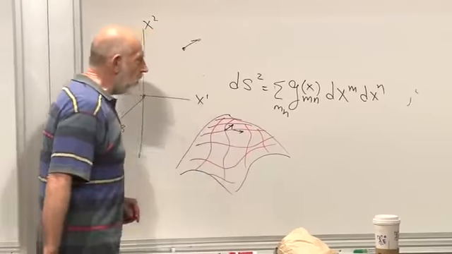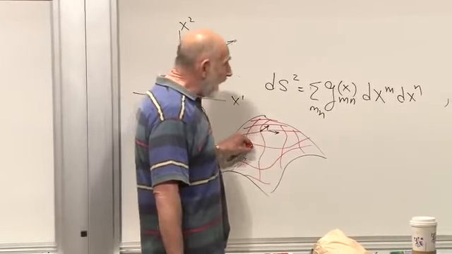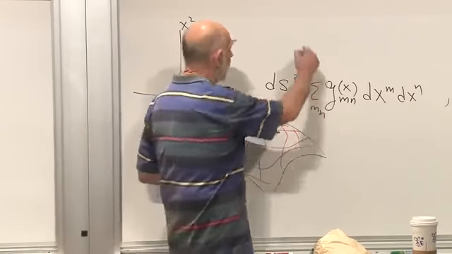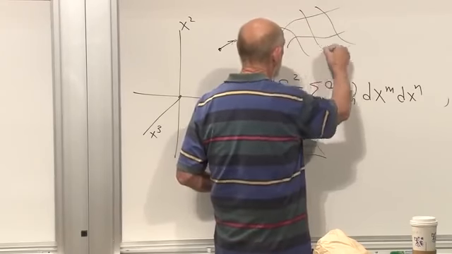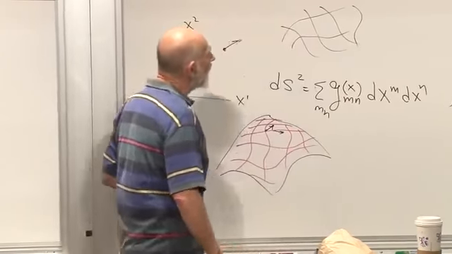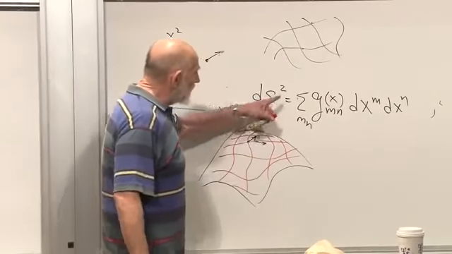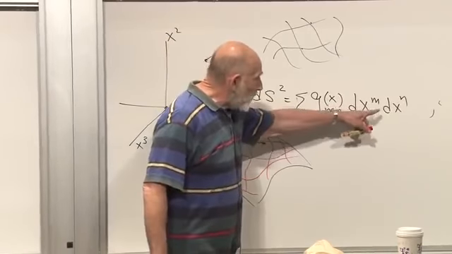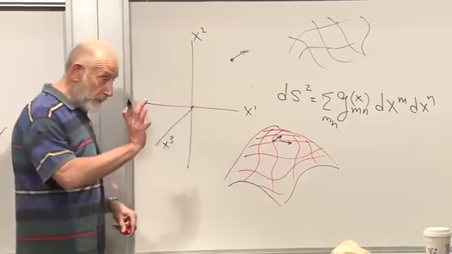any geometry, curved or otherwise, and incidentally, this formula also applies to flat geometries if you take curved coordinates. If you take a flat geometry like the surface of the blackboard and you introduce some curved coordinates, some curvilinear coordinates, and you ask what is the distance between 2 points, then in general, the square of the distance between 2 points will be a quadratic form in these little coordinate separations.